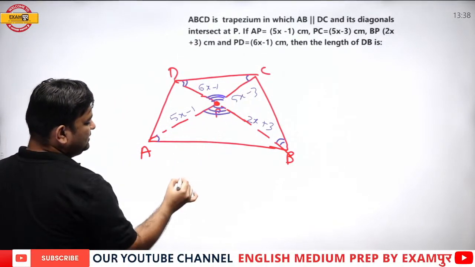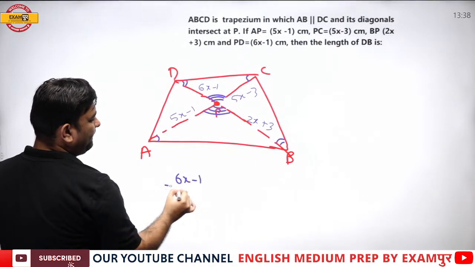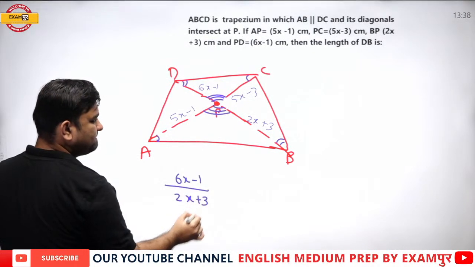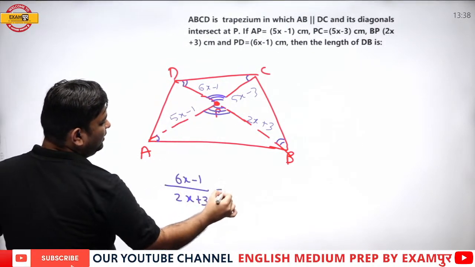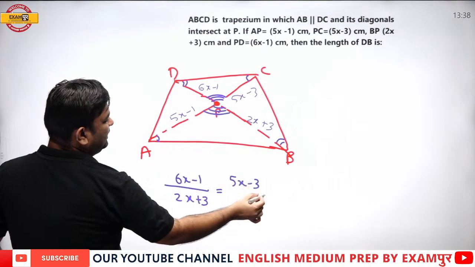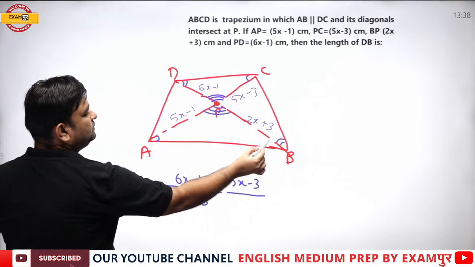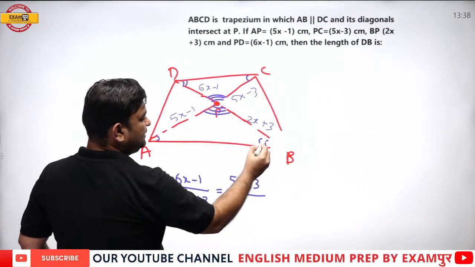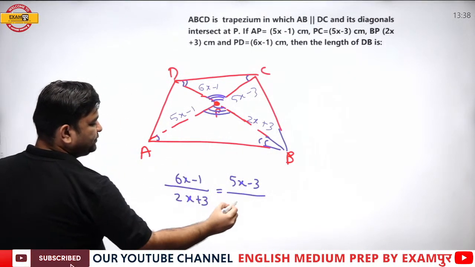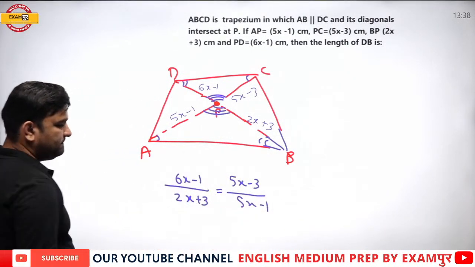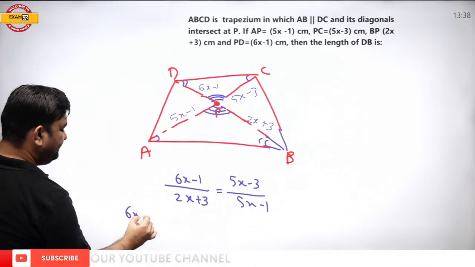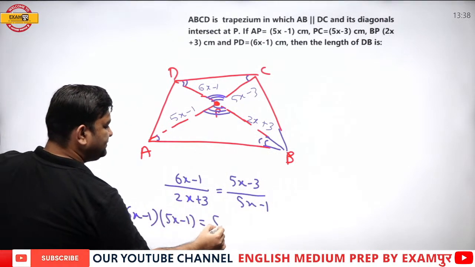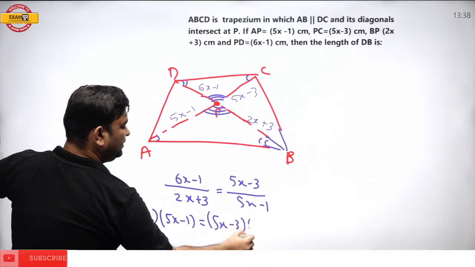Side opposite to single is 6x minus 1, side opposite to single is 2x plus 3, side opposite to double is 5x minus 3, and side opposite to double is 5 minus x. So (6x minus 1) upon (5 minus x) is equal to (5x minus 3) upon (2x plus 3).